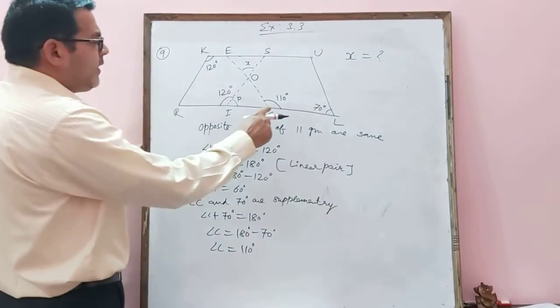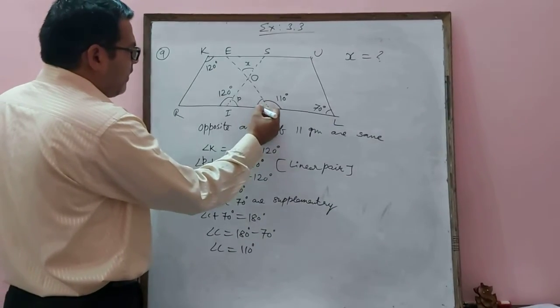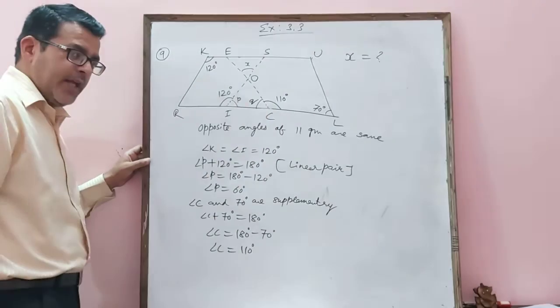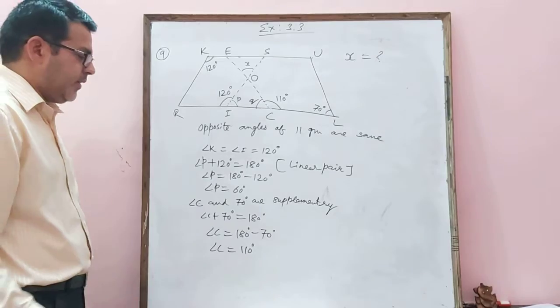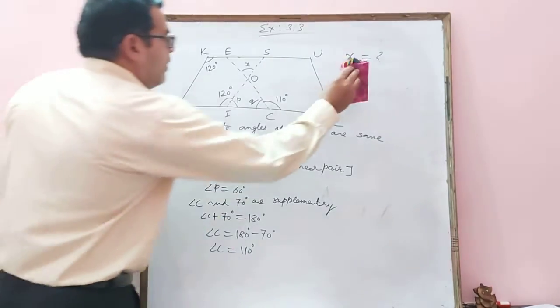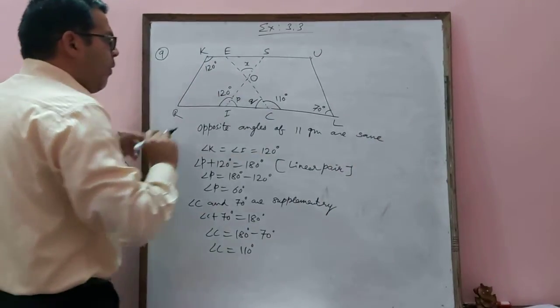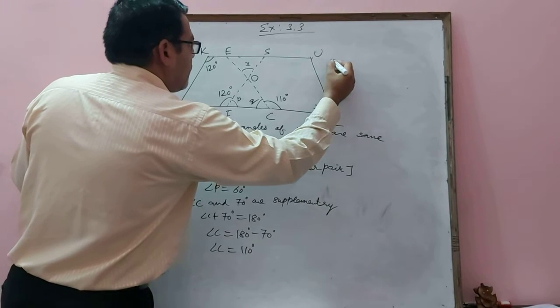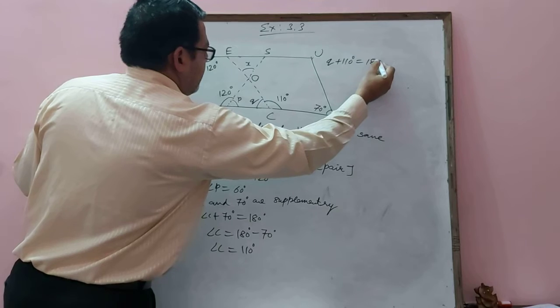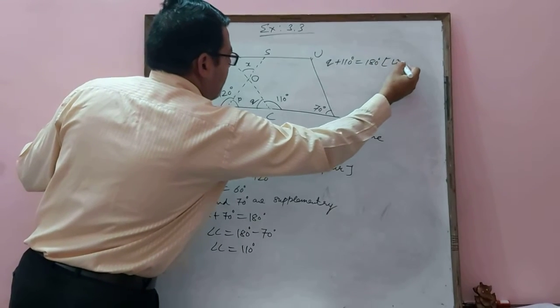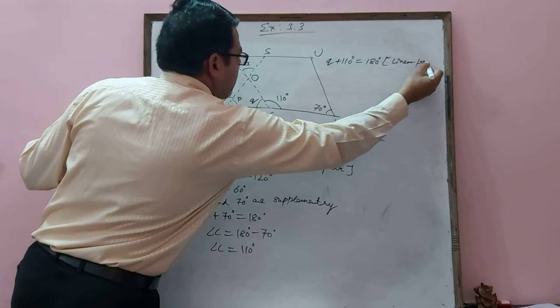Right? Now this angle C and this angle, suppose the name of this angle is Q. These two are forming linear pair. Right? So Q plus 110 equals 180. Why? Because these are forming linear pair.